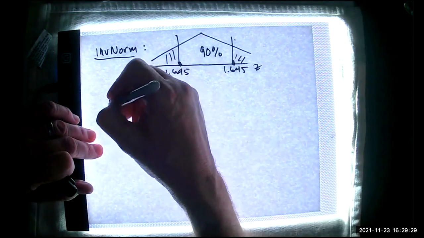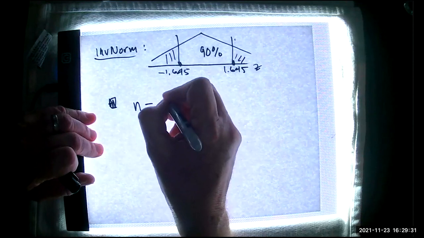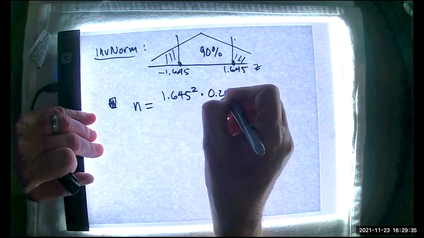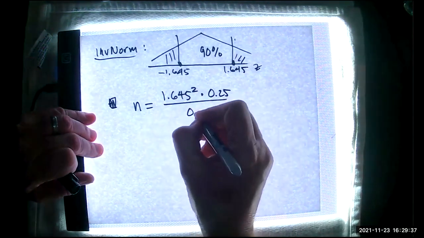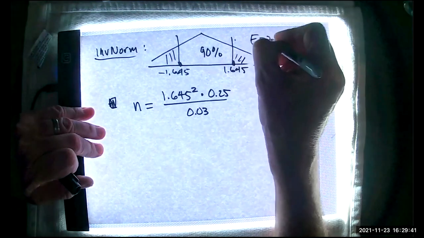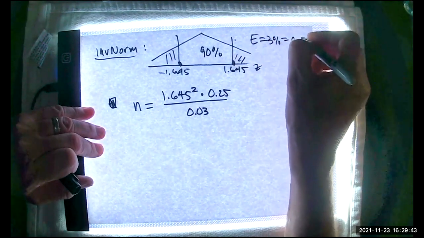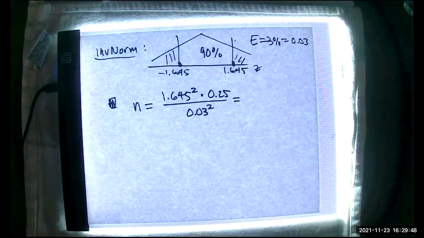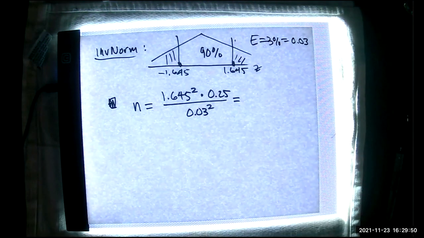And I'm now ready to go ahead. Oh, not E. We want N. 1.645 squared times 0.25 divided by 0.03. Remember, E was 3%, which is 0.03, and don't forget to square. Again, the order of operations really does play nice with everything we need to do here.